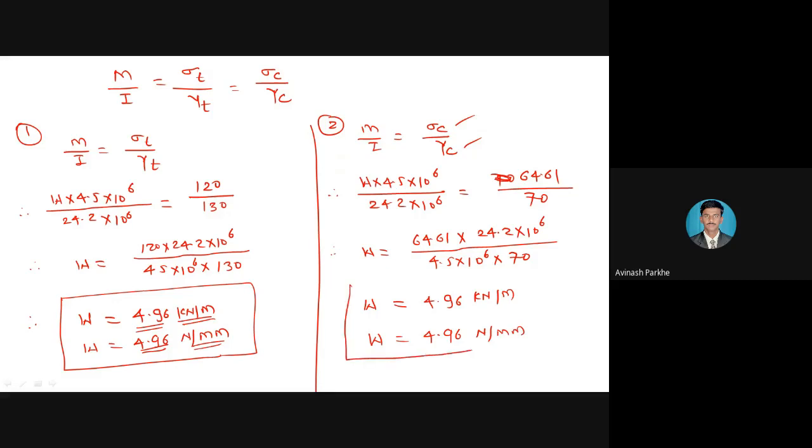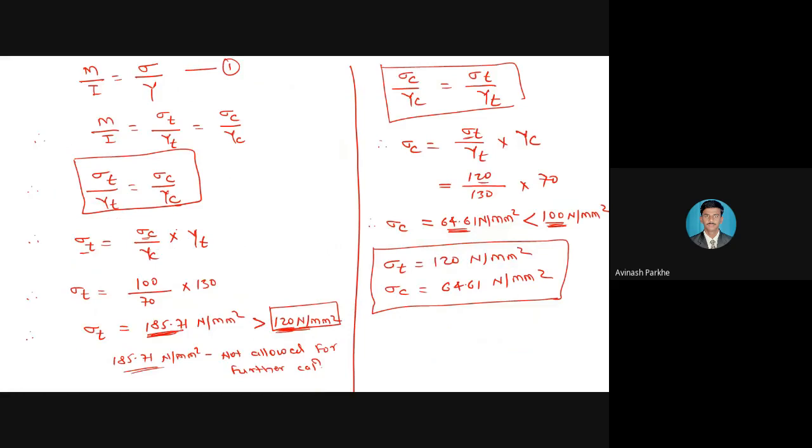Means either considering safe tensile stress or safe compressive stress, by both the combinations my answer is same. Whatever two stresses we have taken for further calculation, that is 120 Newton per mm square, which is less than 185 because it is minimum. Similarly, 64.61 is sigma C, and another sigma C is 100. Out of that, I have taken 64.61, that means the minimum stress value.